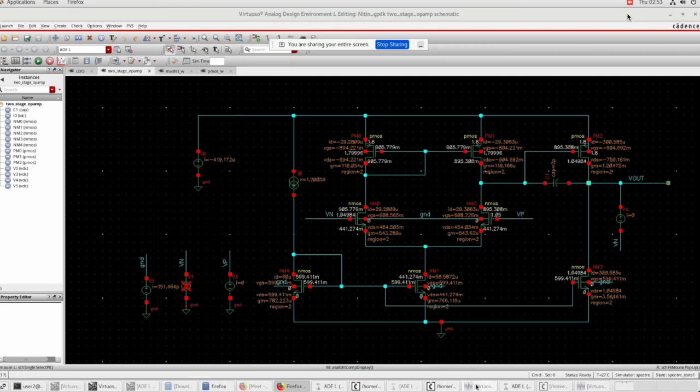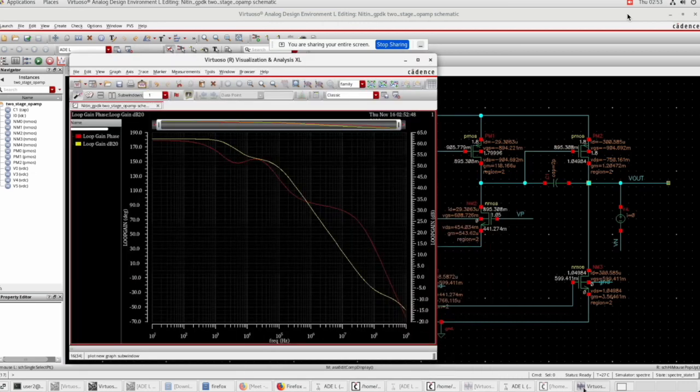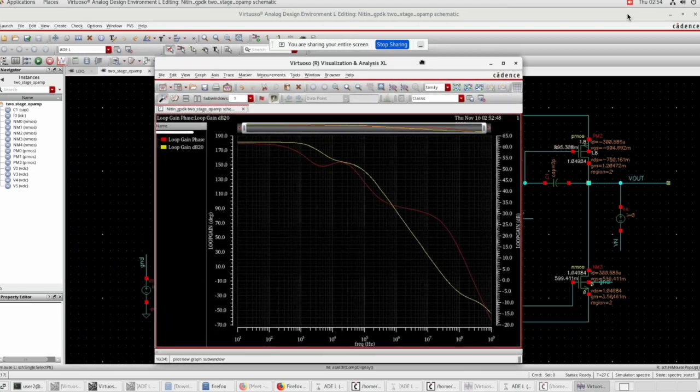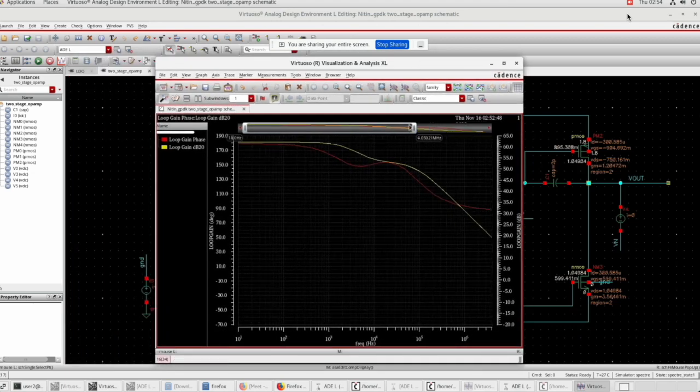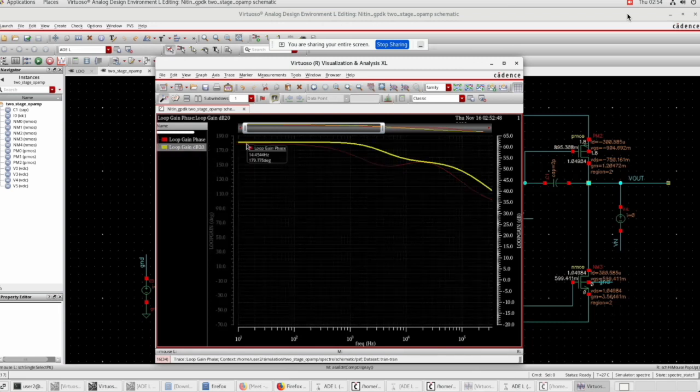And let us look at the stability of this circuit. So this is the loop gain of the MOSFET, and this is obtained using stability analysis. So we can see that the gain of the MOSFET at DC is around 62 decibels.